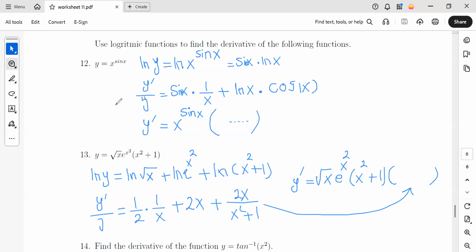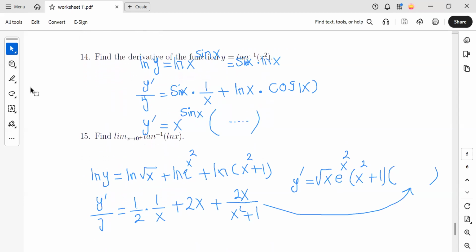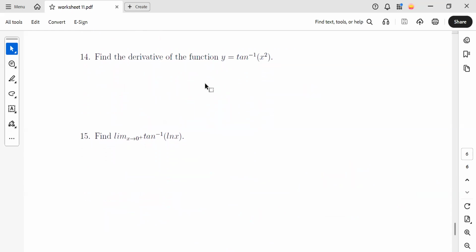Number 14 is finding the derivative of the function y equals tan inverse. We talked about tan inverse, and the derivative of that is y prime equals 1 over 1 plus whatever we have to the power 2. If it is x, it would be 1 over 1 plus x squared.